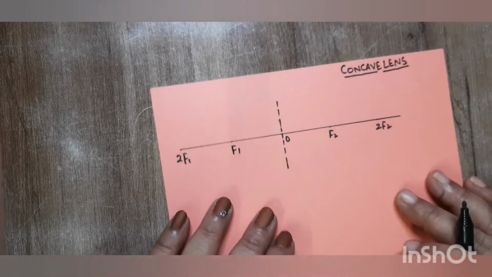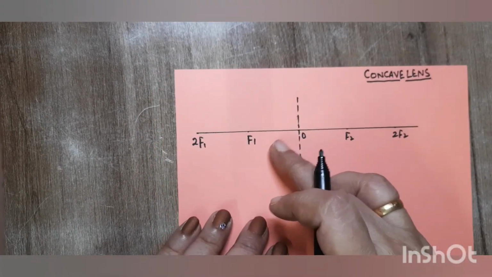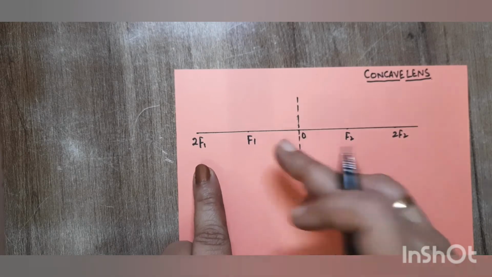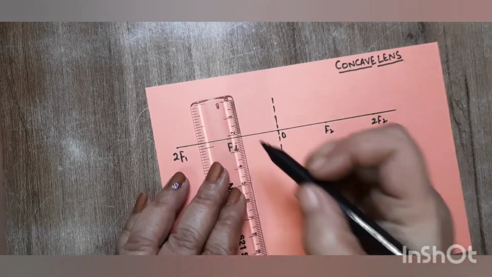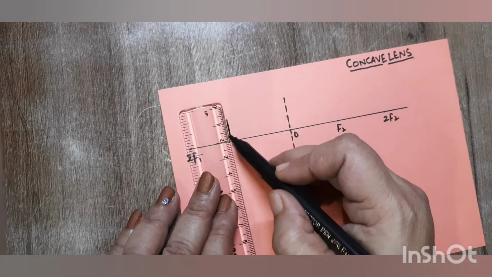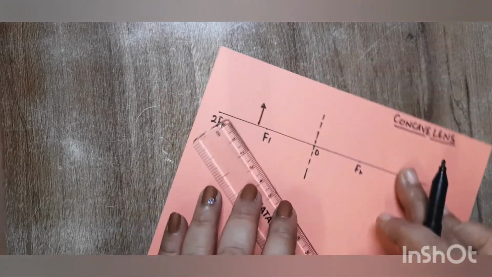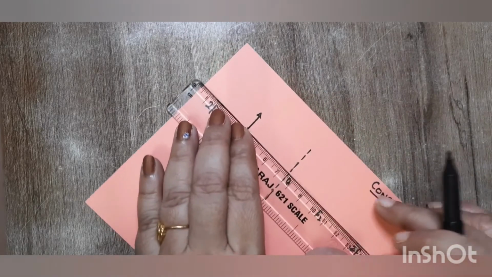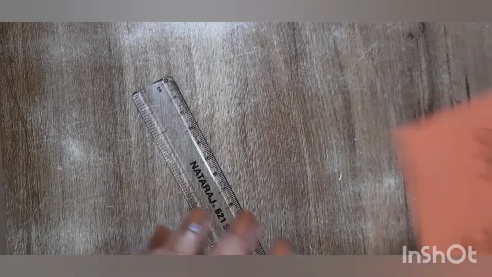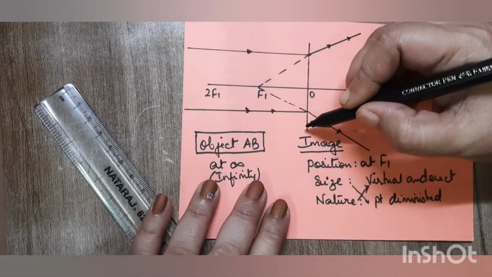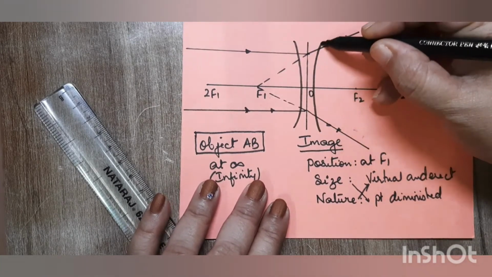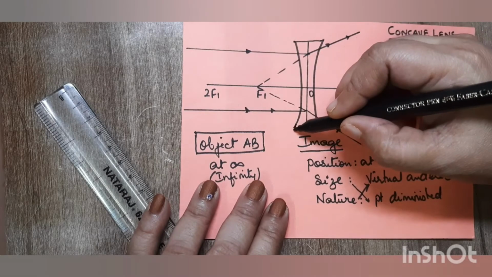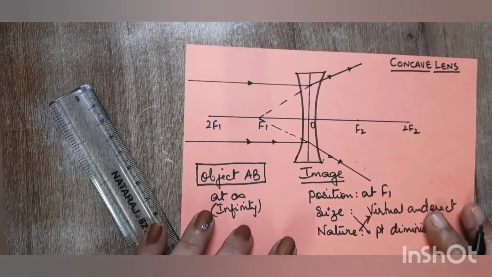So here we'll see one more case. When the object is placed anywhere, it's not necessary that we need to place it at 2F1, F1. So anywhere you place it between optic center and infinity. I have not drawn the lens in this case. Draw it this way, concave lens.